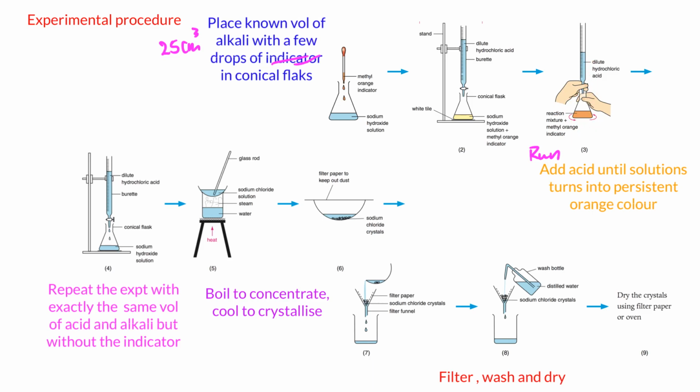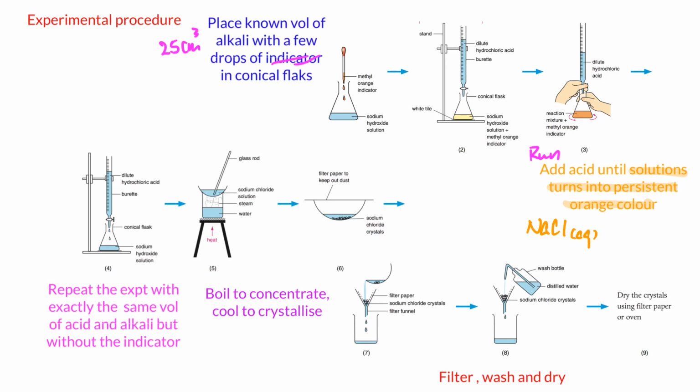We will add the solution until the solution turns a persistent orange color. If it reaches orange color, you should stop adding the HCl. If you continue to add HCl, then the color will change to red. Afterwards, you will have the salt solution, because that is the end point already. If it turns red, that means you have the sodium chloride solution already.